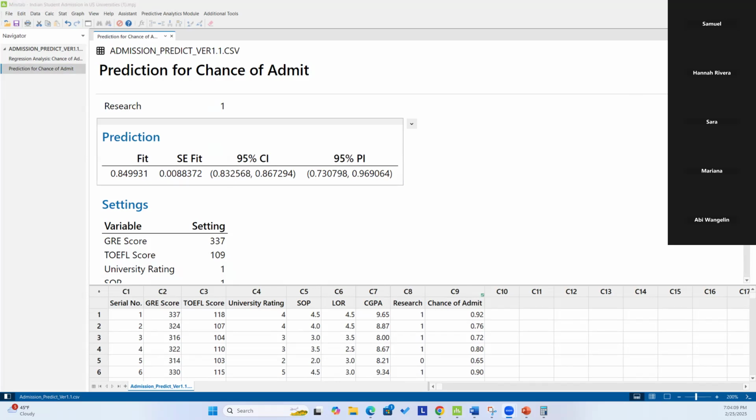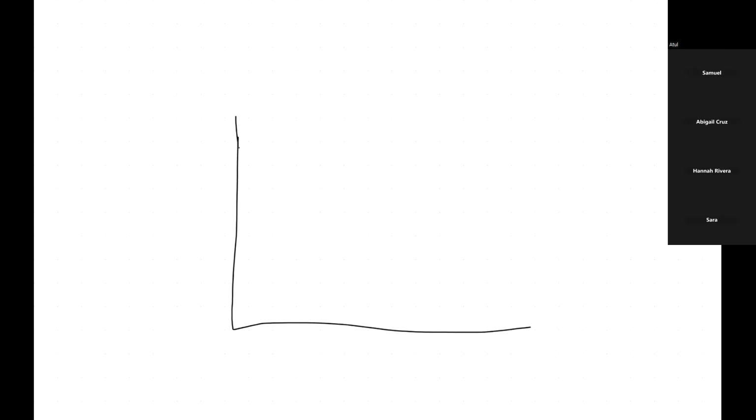Whiteboard. So basically in regression modeling, if you can see my whiteboard, can you see? Yes. Okay.